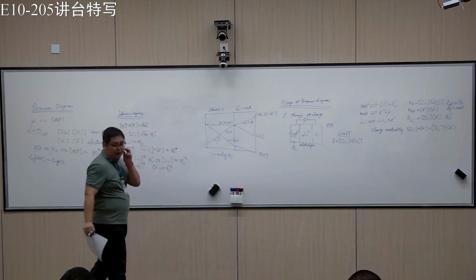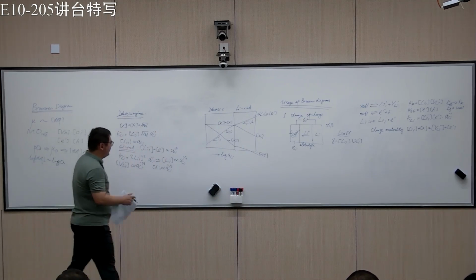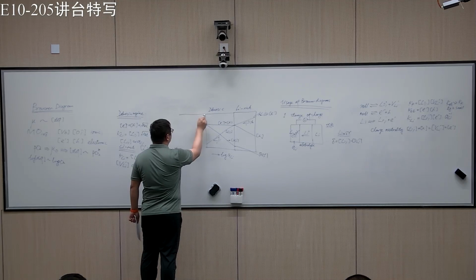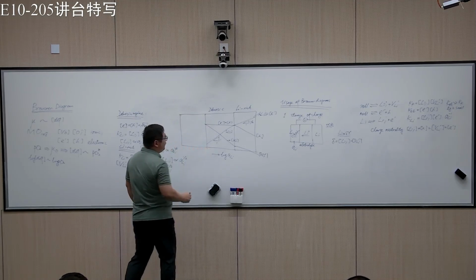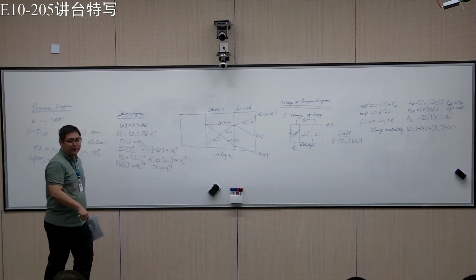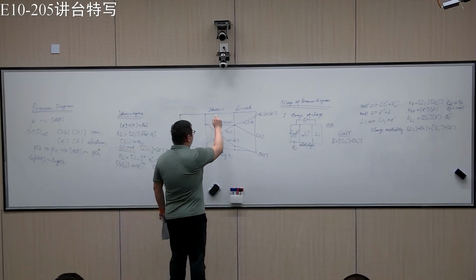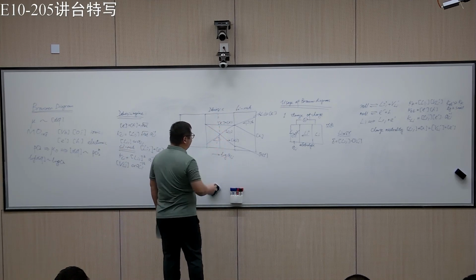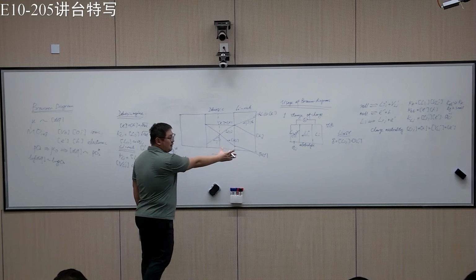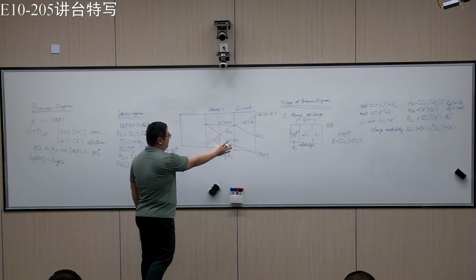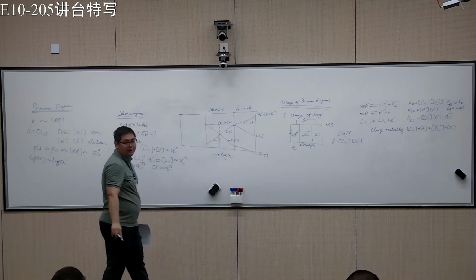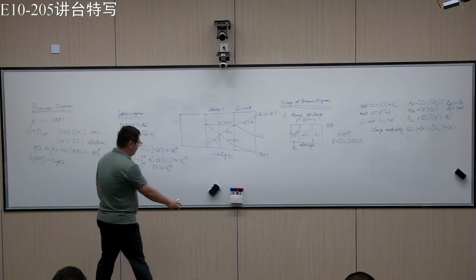For the lithium poor, I'm not going to write it anymore because we know from symmetry that this flips, right? You draw a line at the stoichiometric point, you put this here, then you have the mirror image. You can get what you have for the lithium poor.